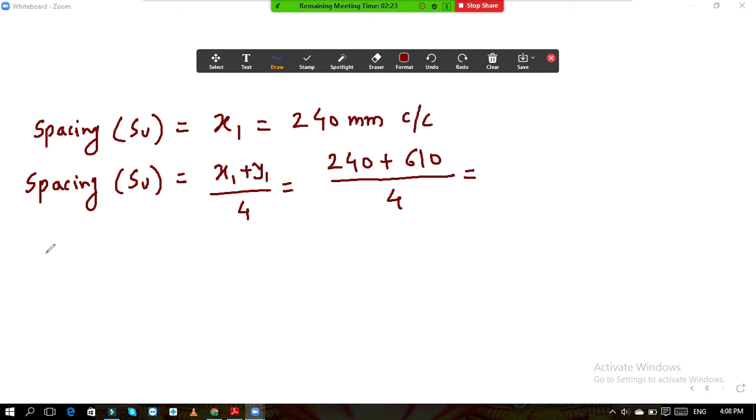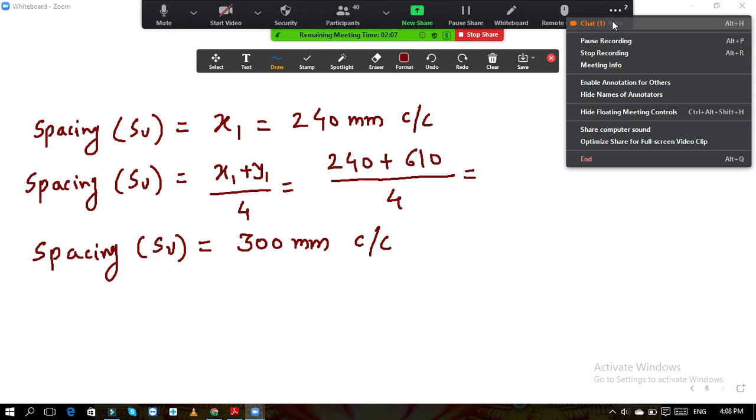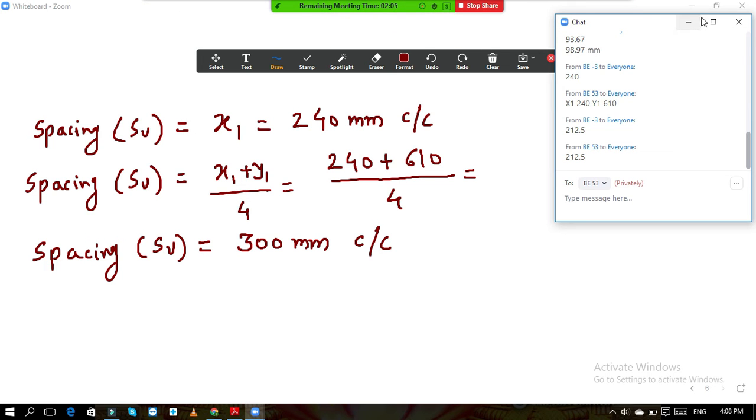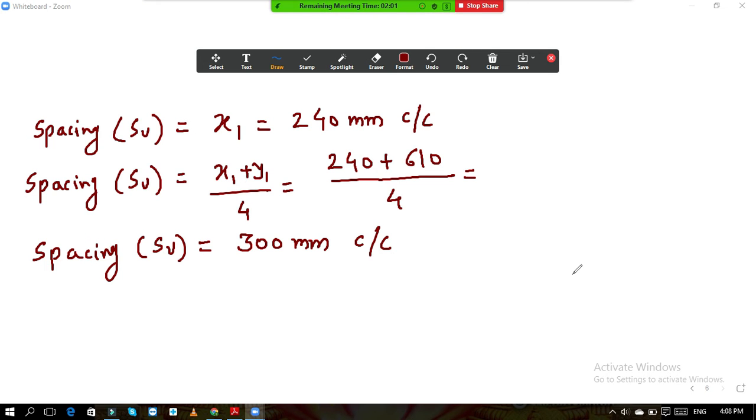Let me know the answer. And in no case should spacing SB exceed 300 mm center to center. The answer is 212.5 mm, which we can round down to 210 mm center to center.